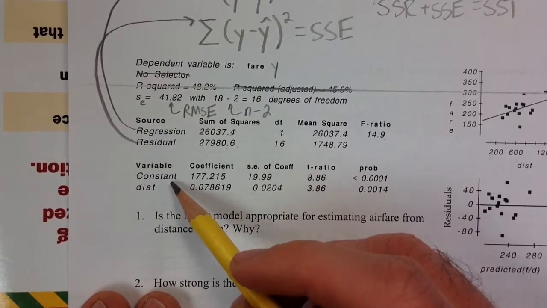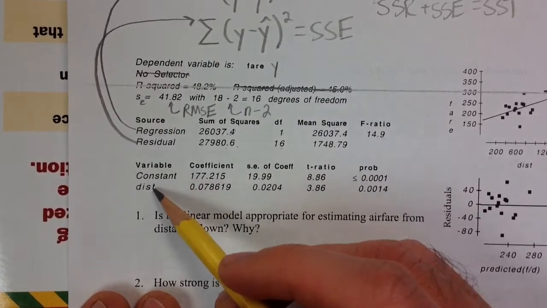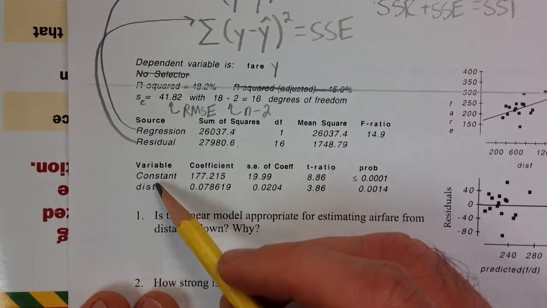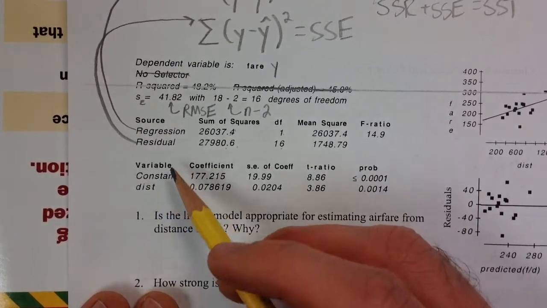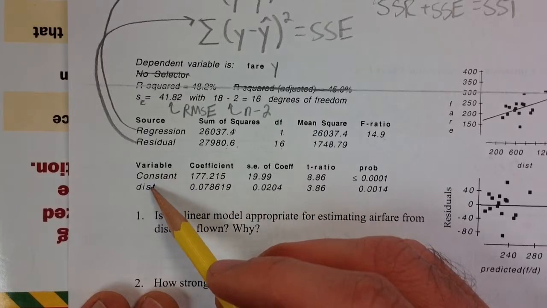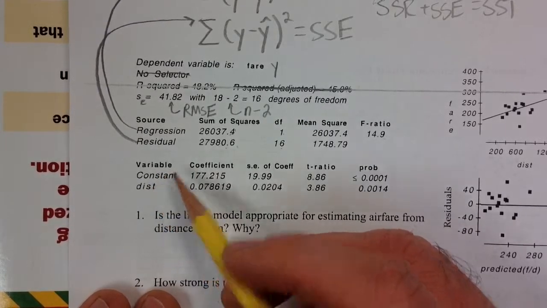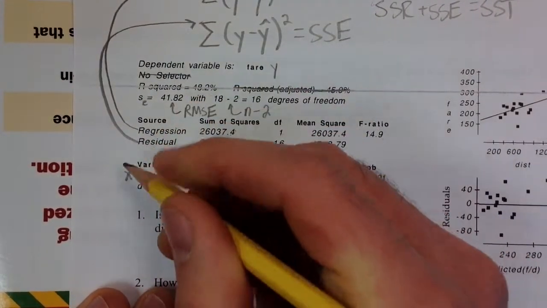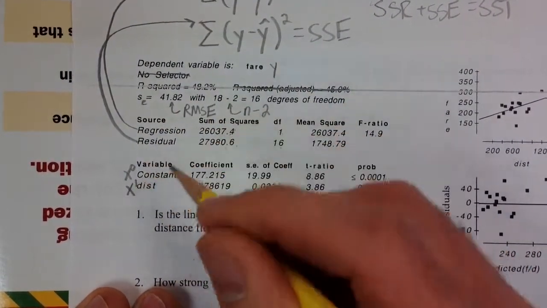In multiple regression, you can have multiple variables, which is really cool, but we're not going to do that in this course. For the computer output that you'll see in this course, there will only ever be 2 lines here: a constant and one for the predictor variable, in this case distance. So this is your x to the 0 term, and this is your x to the first power term.